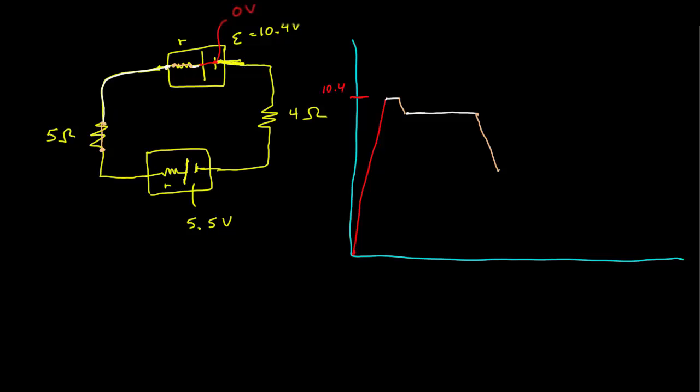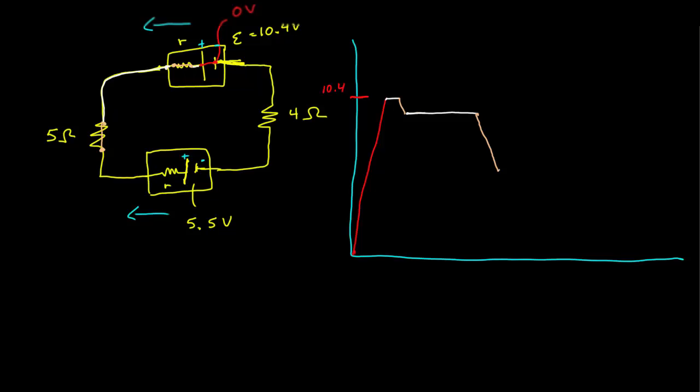So if we look at this system, this battery has a positive terminal here, negative here, so it is producing an electric field to try to put current in that direction. This battery has a positive here and a negative terminal here. It's going to try to push current that direction. And so they are opposing each other within the circuit.